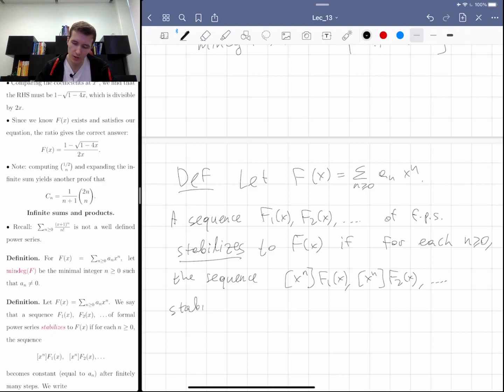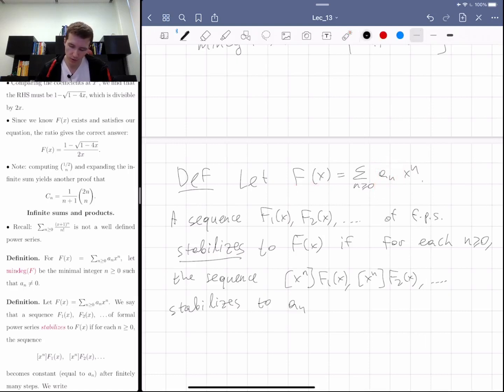So this is a sequence of complex numbers. Each coefficient is just a complex number, and I want it to eventually, after a certain point, be just constant. So I want all terms to be the same and equal. Stabilizes to a_n, where a_n is the corresponding coefficient of f of x.